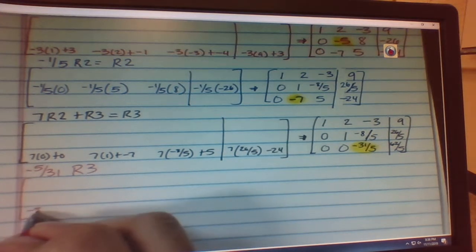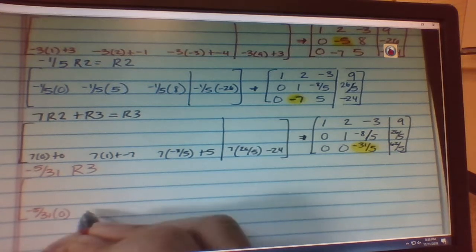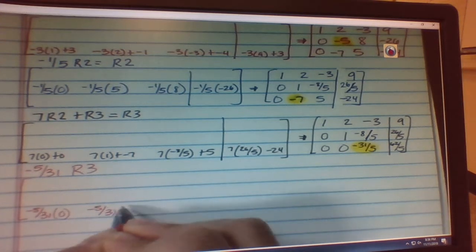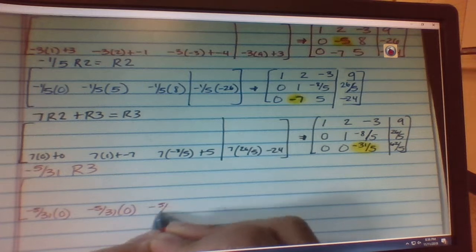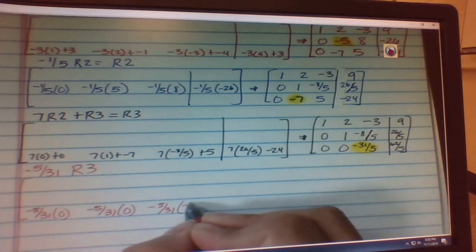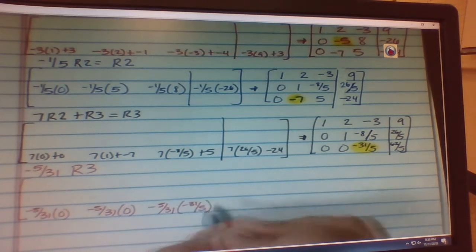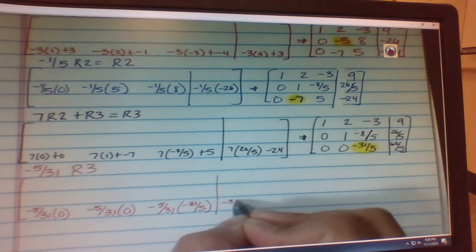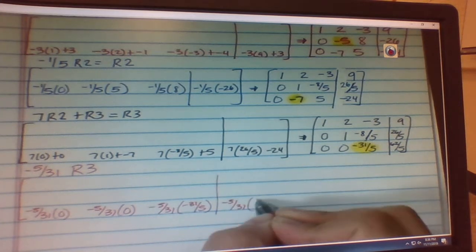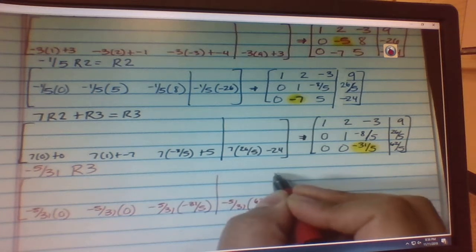So -5 over 31 times 0, -5 over 31 times 0, -5 over 31 times -31 over 5, and -5 over 31 times 62 over 5.